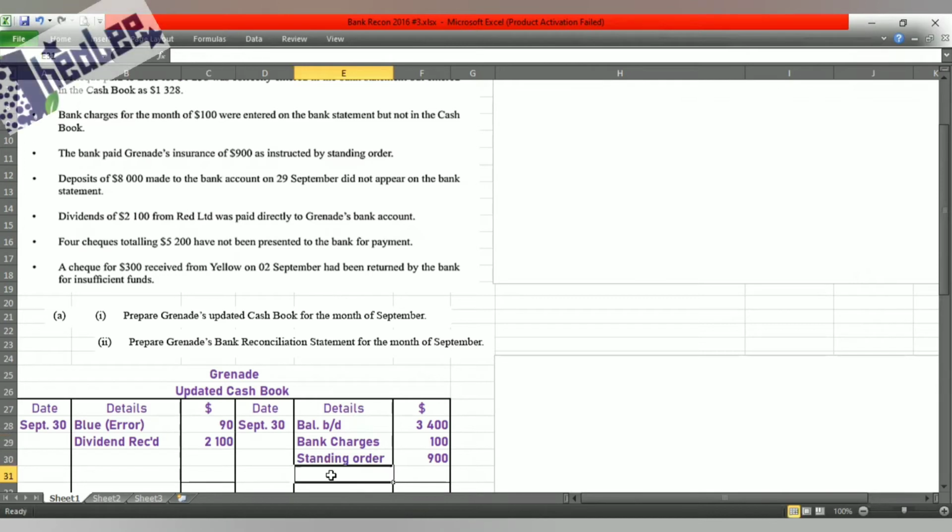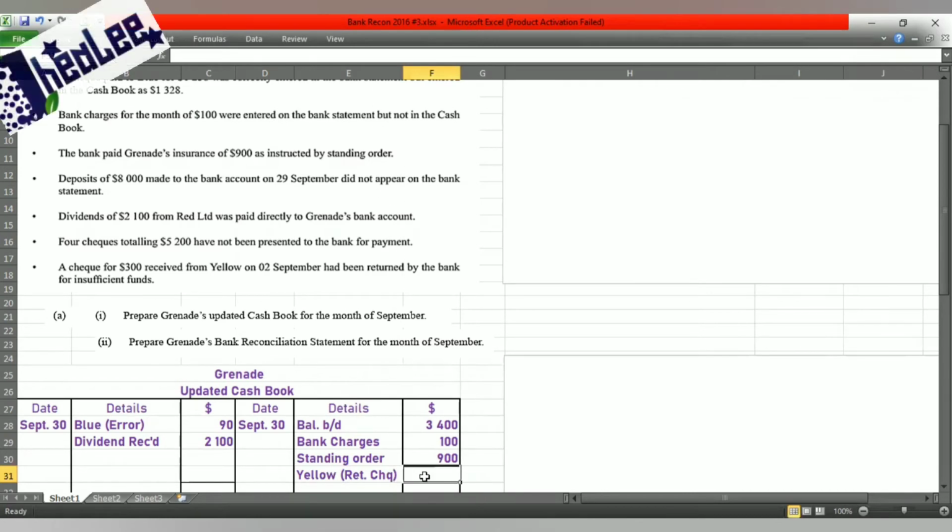And your details is Yellow. In brackets, you can put returned check. And the amount there, the amount that is owing to us by Yellow, or the amount that was returned on that check, is $300.